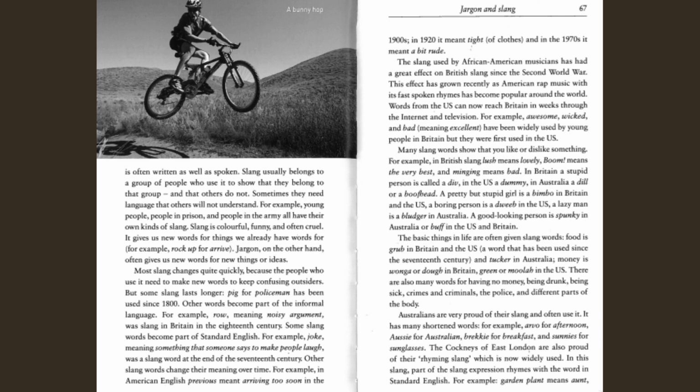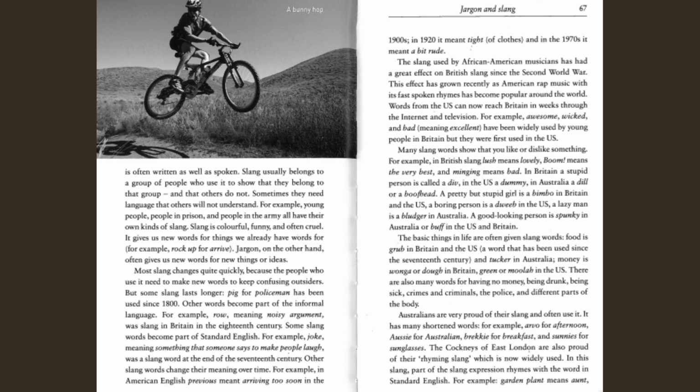Other slang words change their meaning over time. For example, in American English, previous meant arriving too soon in the 1900s. In 1920, it meant tight of clothes. And in the 1970s, it meant a bit rude.